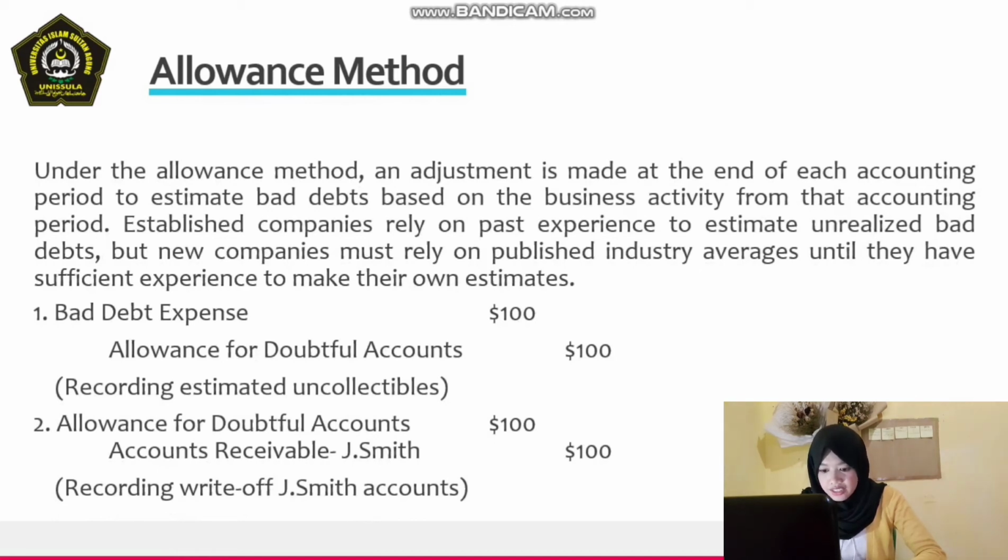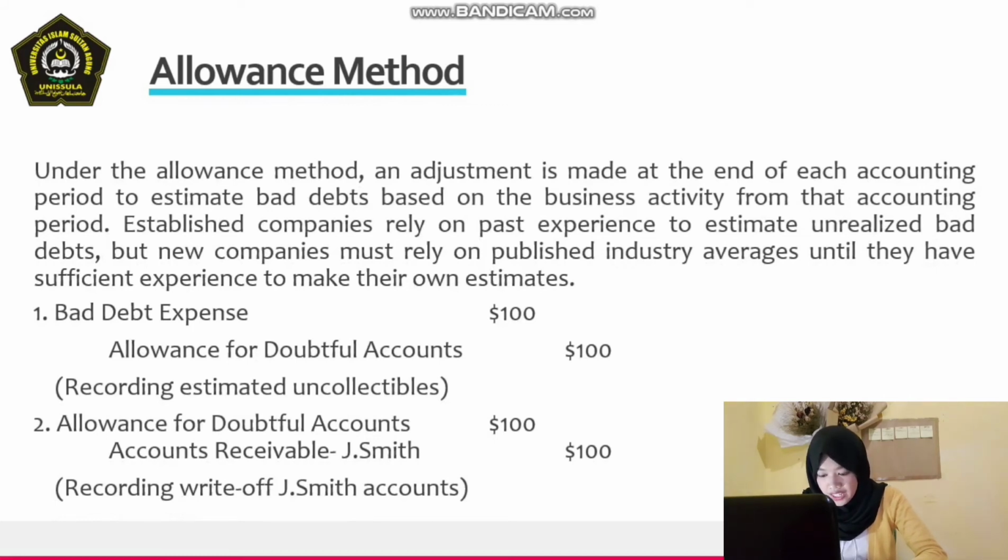The adjusting entry to estimate the expected value of bad debts doesn't reduce accounts receivable directly. Account receivable is a control account that must have the same balance as the combined balance of every individual account in the accounts receivable subsidiary ledger.